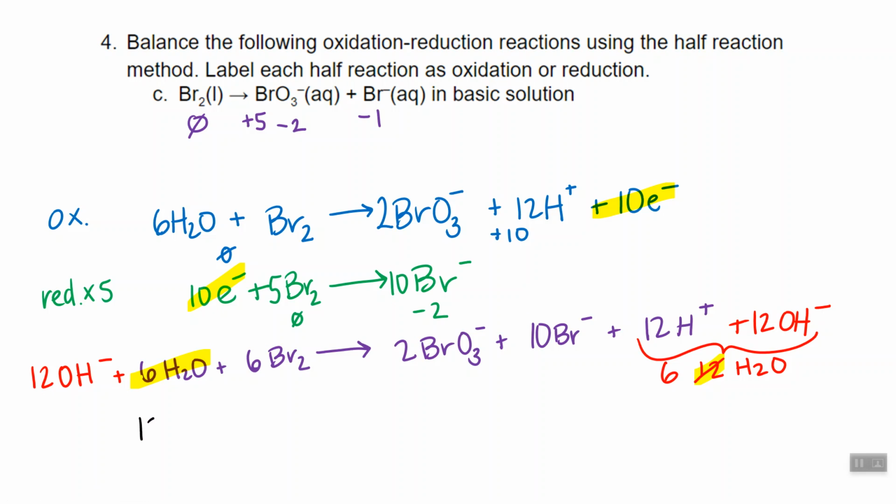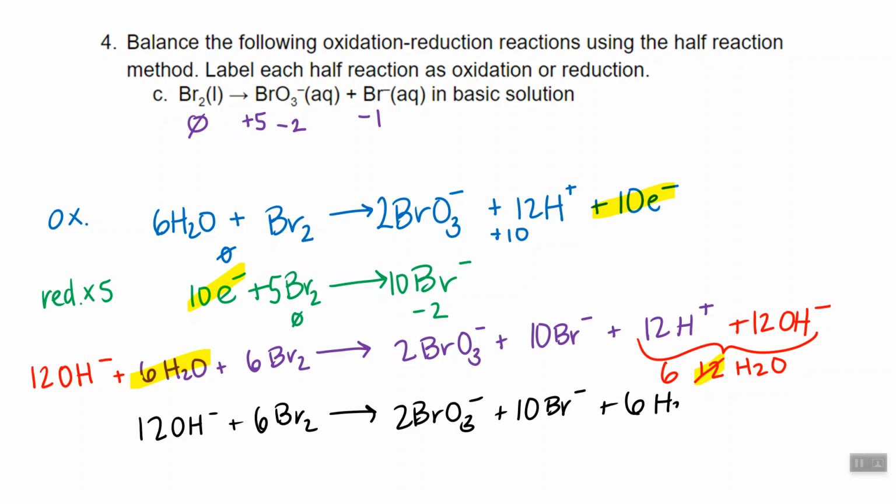So it's going to be 12OH minus plus 6Br2 to form our 2BrO3 minus, our 10Br minus, and 6 water molecules. So there's our equation balanced in basic conditions.